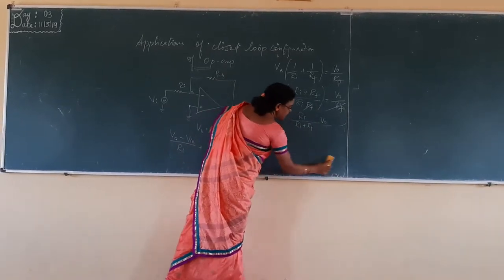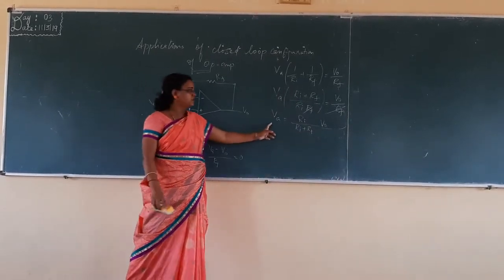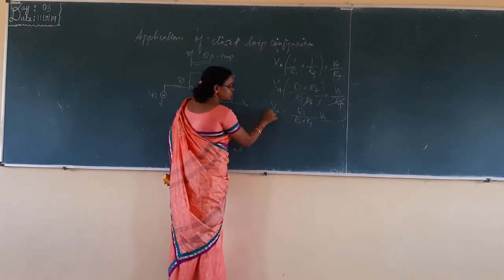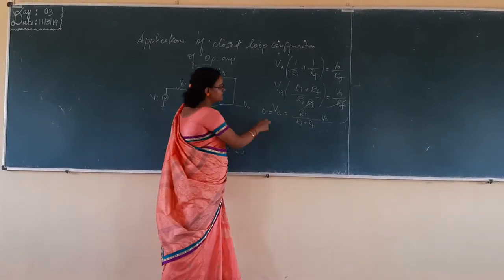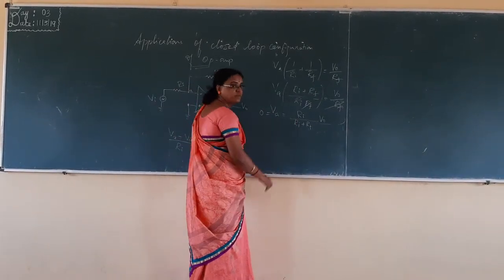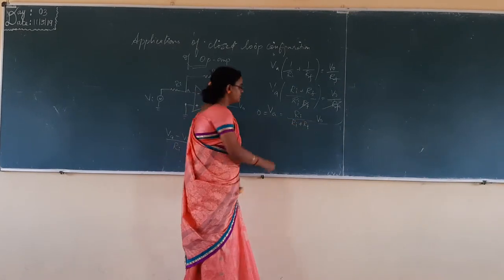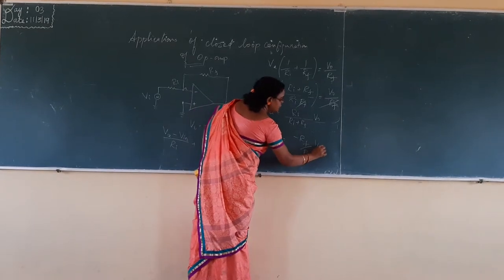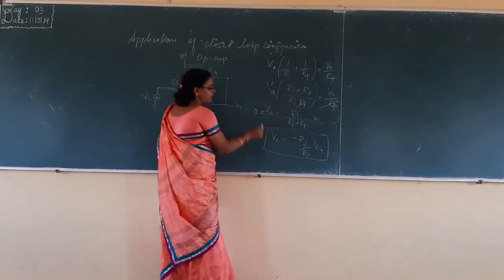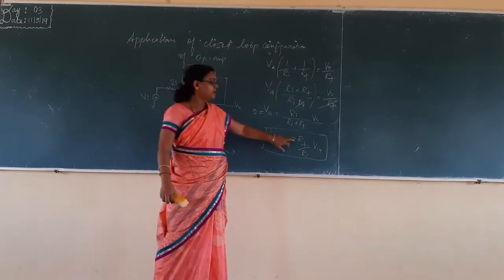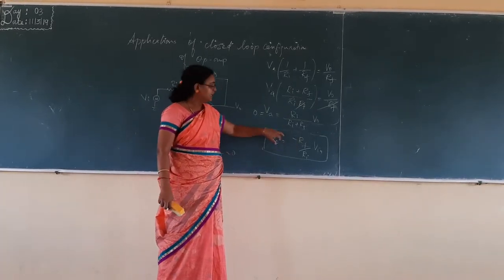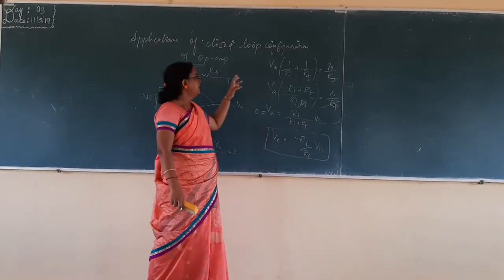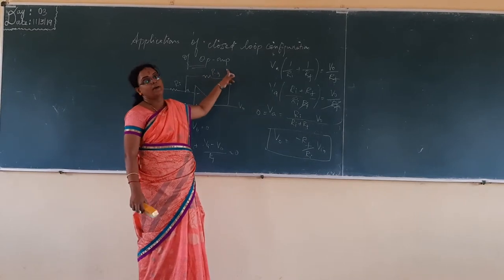Now when we equate Va and Vb, Va is equal to Vb is equal to 0. Thereby Va is also equal to 0. So when this is equal to 0, we get the expression for V0 as minus Rf divided by Ri into Vin. This is our output obtained from the inverting configuration of op-amp. Thereby the gain value is equal to minus Rf divided by Ri for the inverting configuration of op-amp.